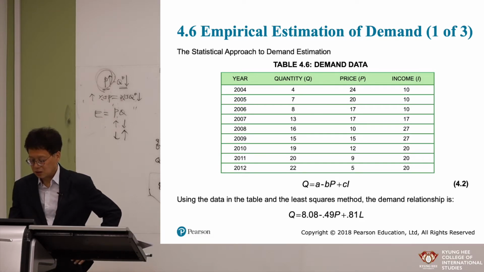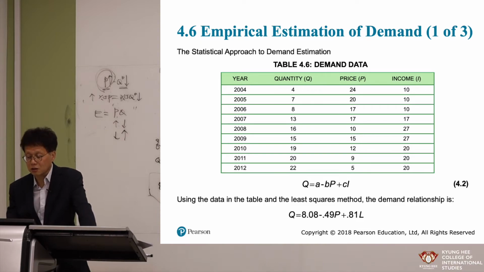And using the data in the table and regression methods, OLS, we can estimate A hat, B, C. The estimates of A, B, C are 8.08, 0.49, 0.81, using an econometric technique, right? So then we can construct this mathematically, like this.